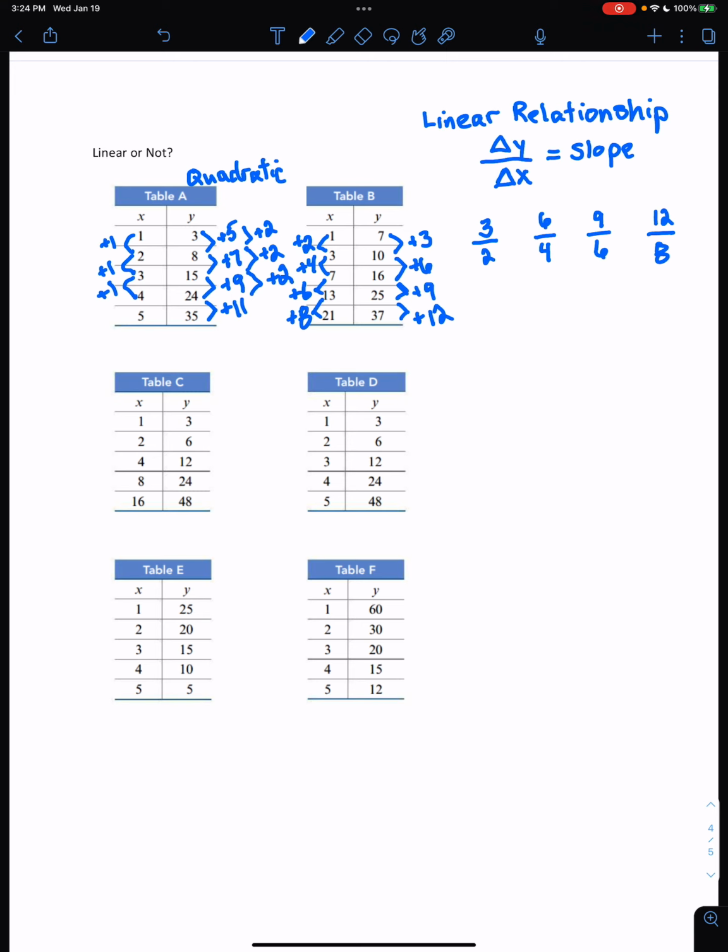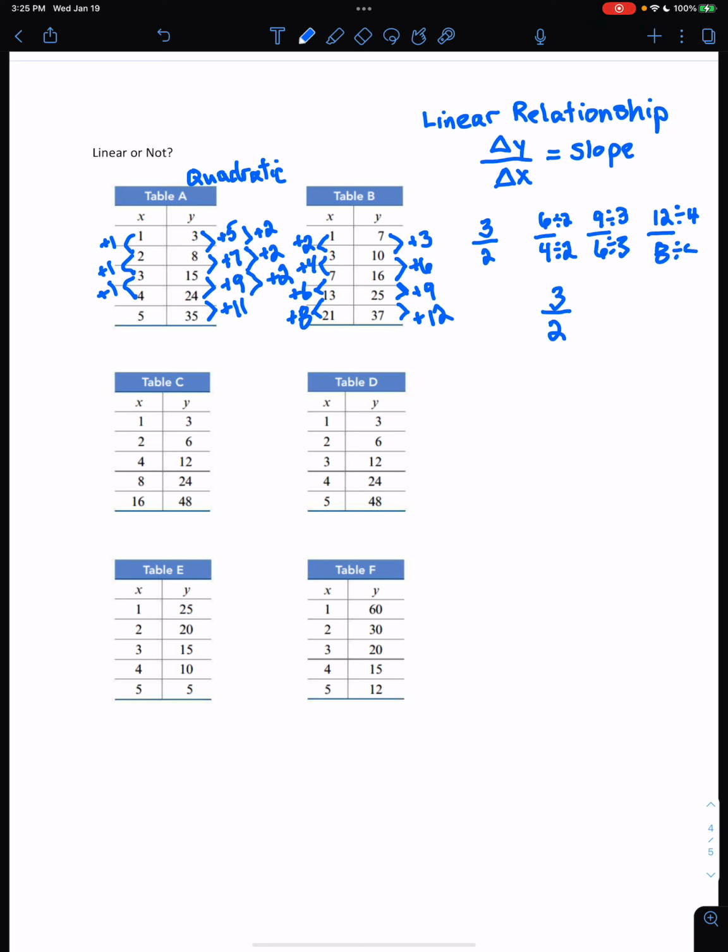Now, I want you to notice something about these fractions. These are all equivalent fractions. We can simplify all of these fractions to be 3 over 2. We can also divide the top and the bottom by the same number. It doesn't have to be the same number in each fraction, but the top and the bottom have to be divided by the same number.